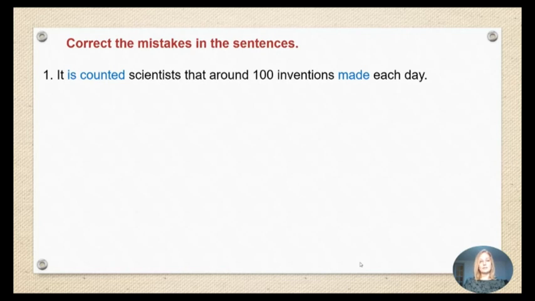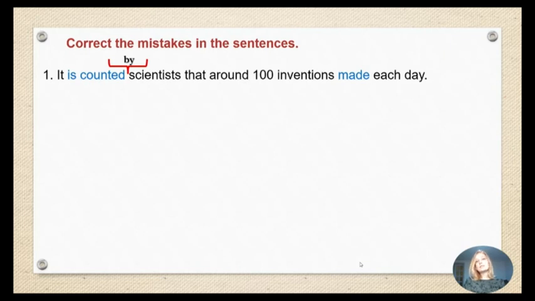It is counted. Who counted? Scientists did. So they are the doer, the performer, and we have to add by before them. It is counted by scientists that around 100 inventions made each day. What about the second part of the sentence? Is it correct?